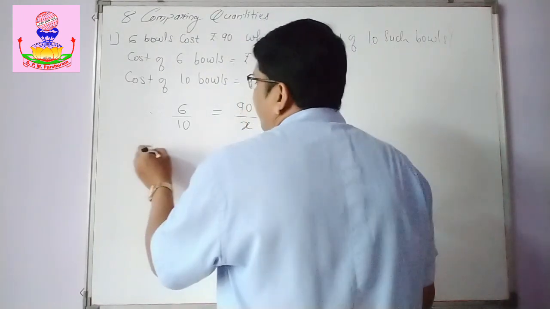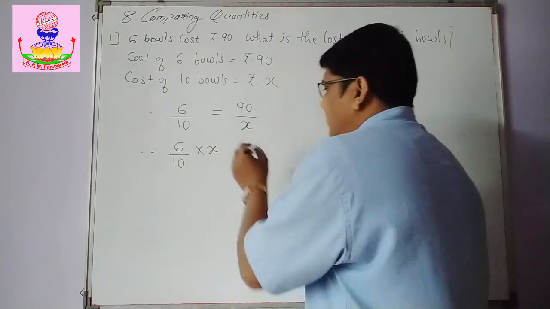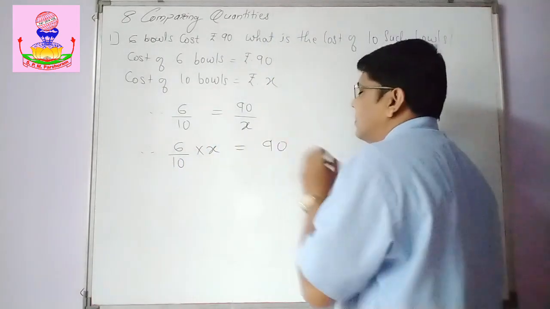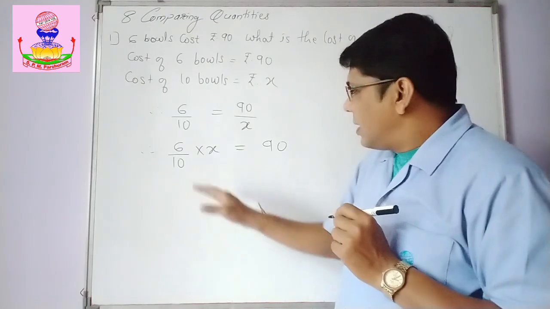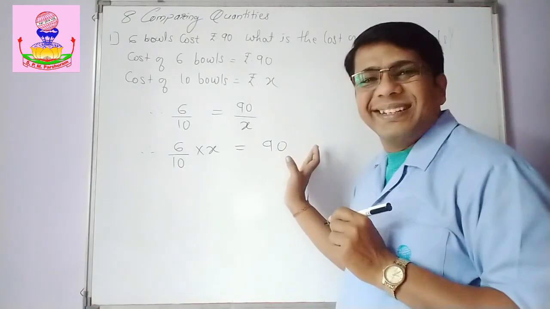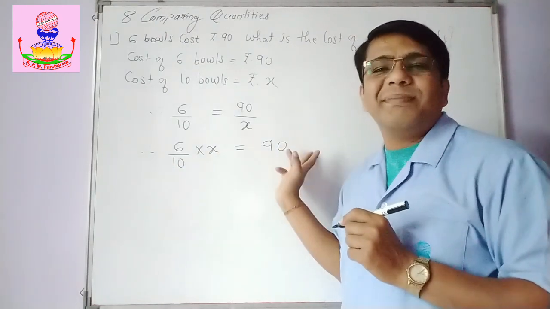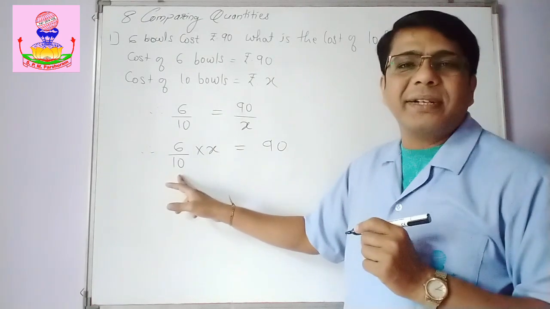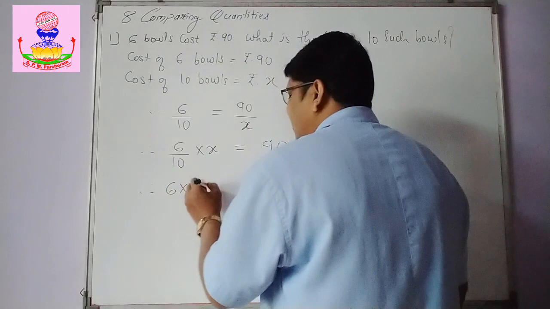So 6 upon 10 into X is equal to 90. Now take the 10 to this side. Here it is in the denominator, division. Opposite of division? Yes, exactly.